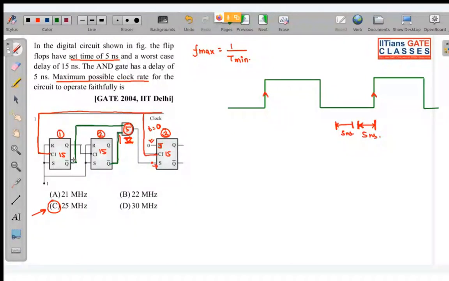See, now why didn't I take the concept of setup time over here? Because you can see that this 1 nanosecond, listen very carefully, has been applied from T equal to 0. So already it had been stabilized from the beginning. So I didn't have to worry about setup time.